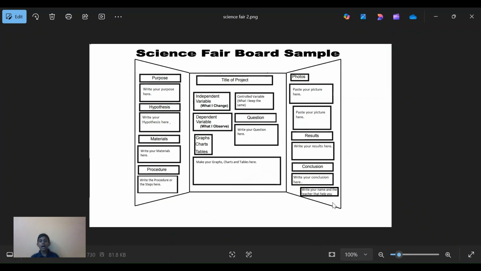This supports the hypothesis that classical music would promote greater growth. Further research could explore different genres of music or longer exposure times. Fun fact is, your conclusion is like the grand finale of a magic show. It's where you reveal what you've learned and what amazing new questions might pop up next.